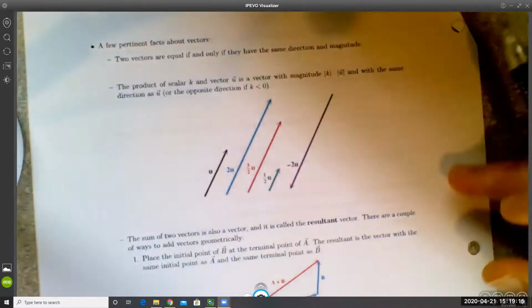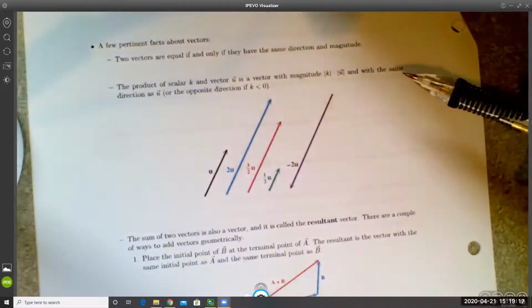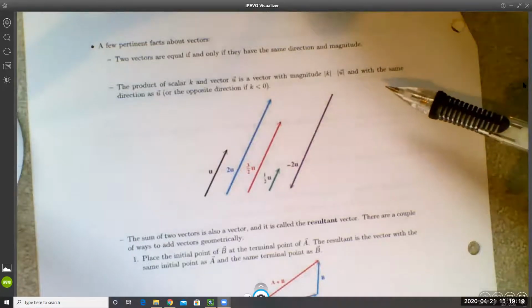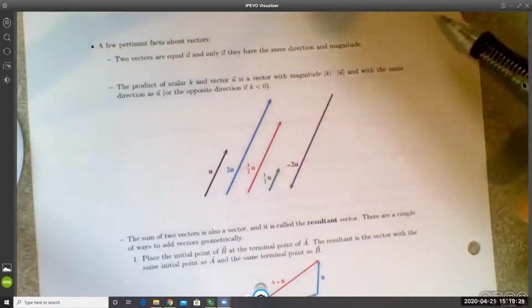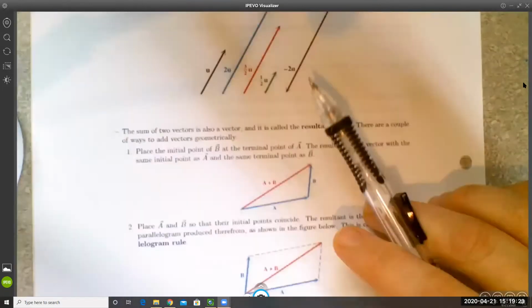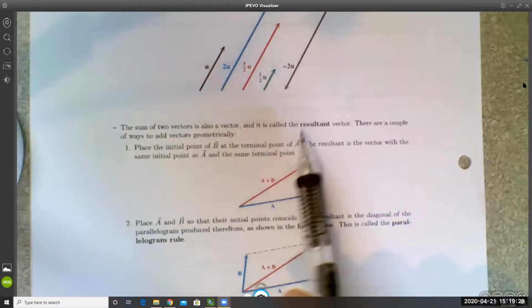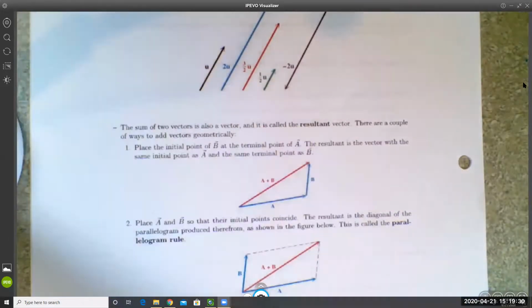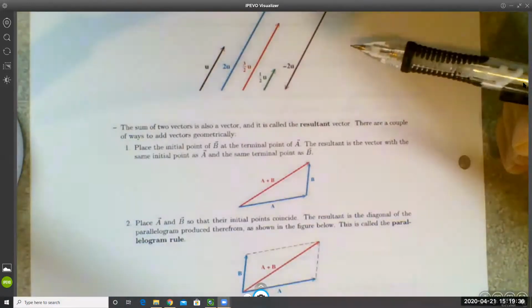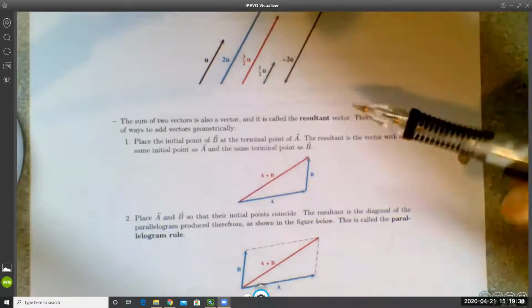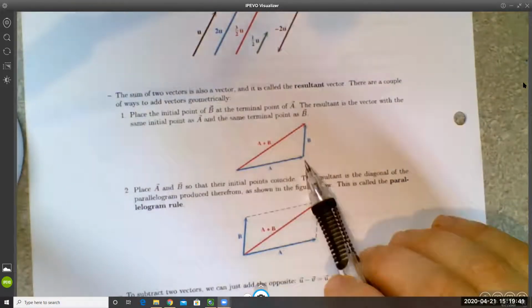Okay, so you can multiply a scalar and a vector. You can't really multiply a vector and a vector, but you can add a vector and a vector, right? So the sum of 2 vectors is also a vector, and it's called the resultant. There are a couple of ways to add vectors geometrically. Probably the most intuitive way is to just place the vectors end to end, right?